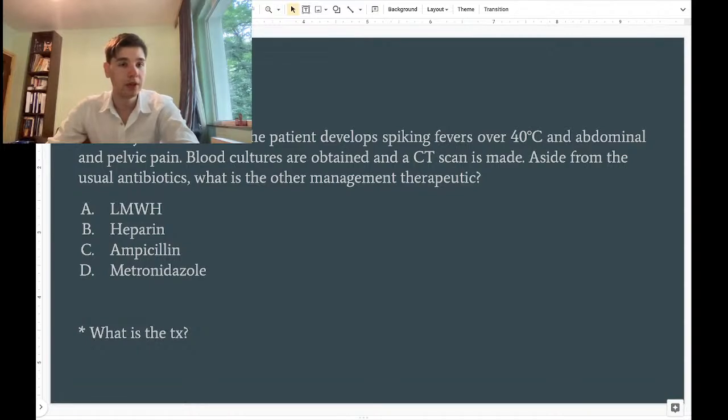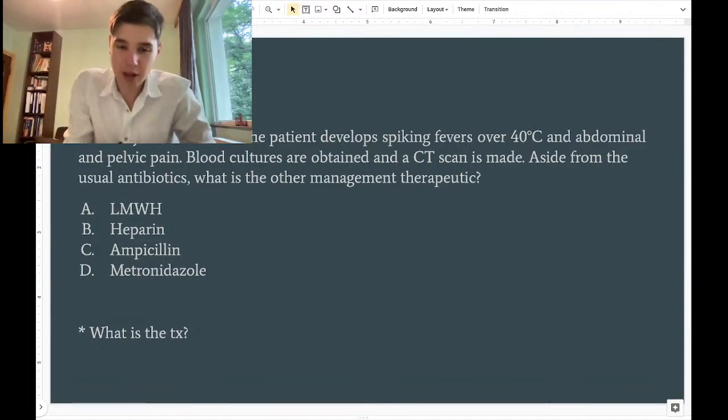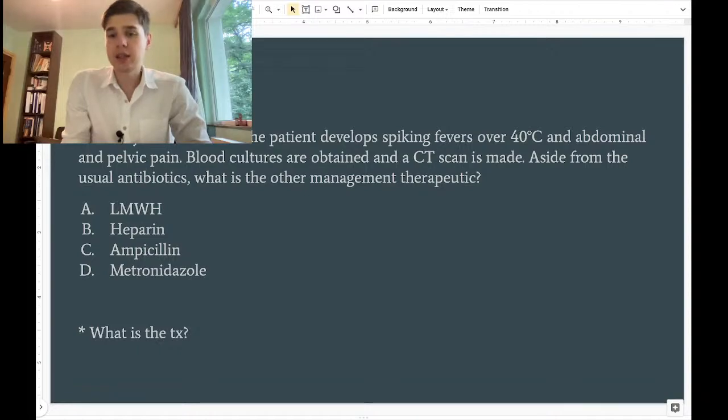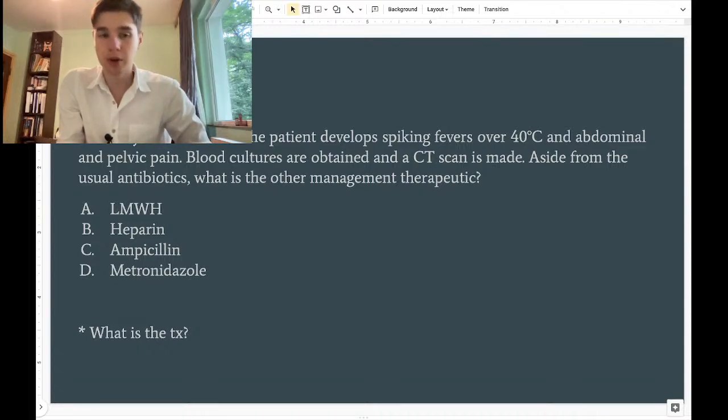Do we have any answer for the treatment that she received? Ampicillin, gentamicin. Almost. It is almost the right answer. Ampicillin is usually added to the IV antibiotic course of gentamicin plus clindamycin.